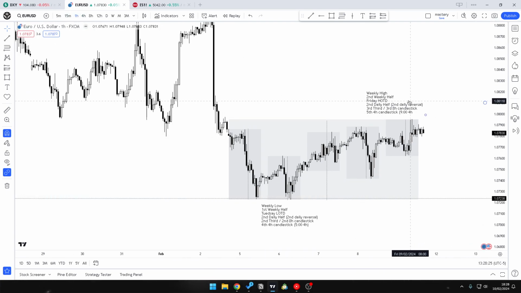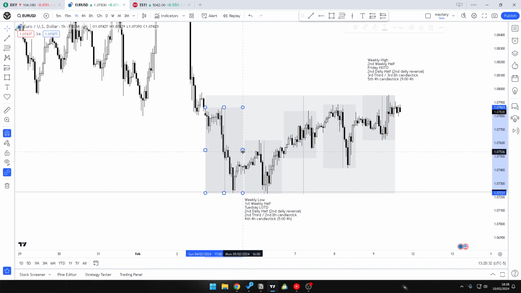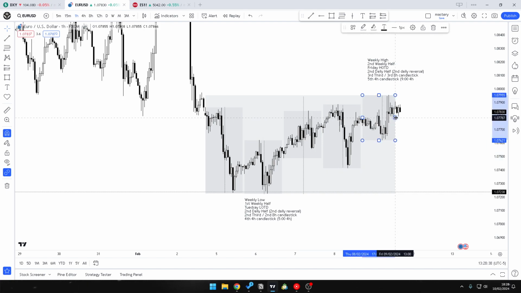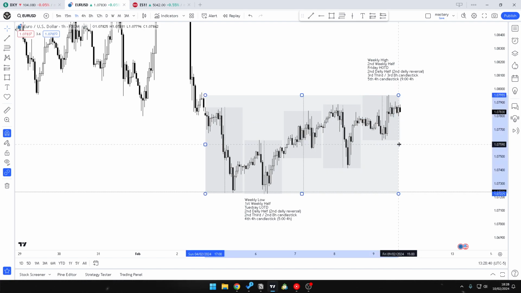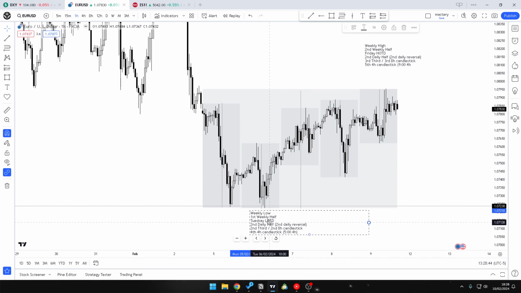Now on the hourly chart, ending this study. Just need to make the candlesticks a little bit bigger. I can see that it was made, so we have the 5th, the 6th, and the 7th.